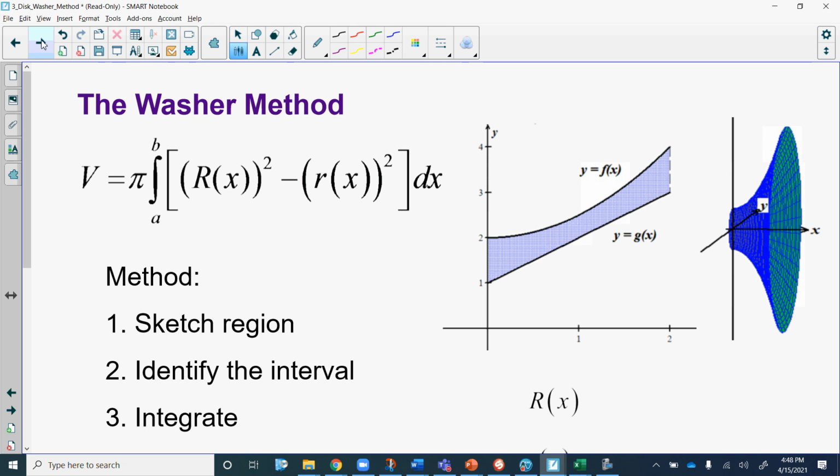In geometry, when you did stuff like this, you might have had a cylinder where you had this other cylinder inside of it, and that was removed.